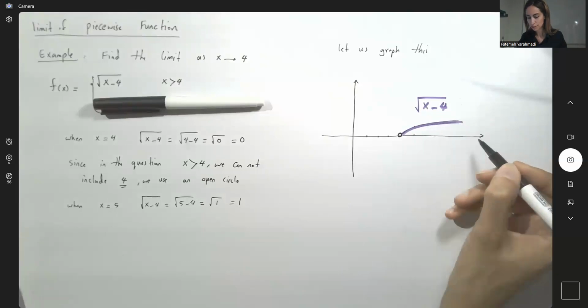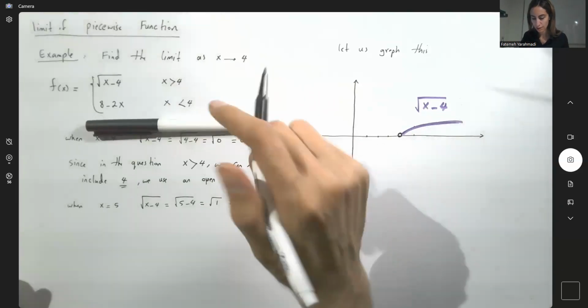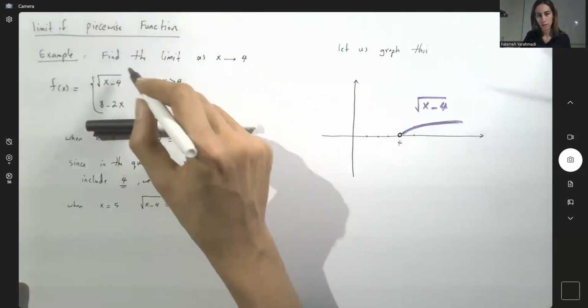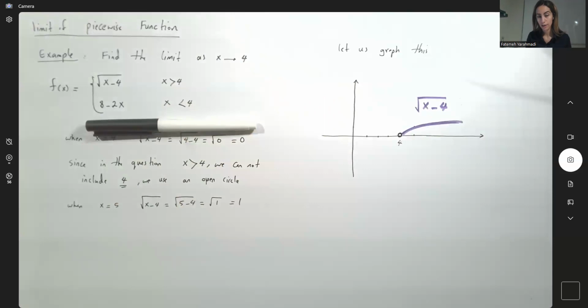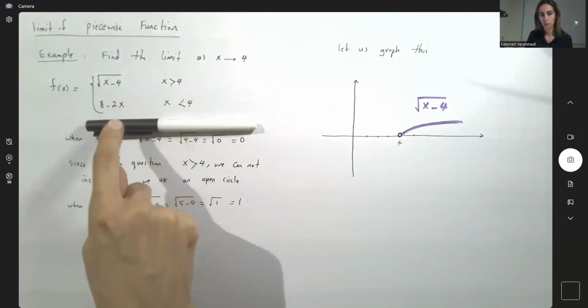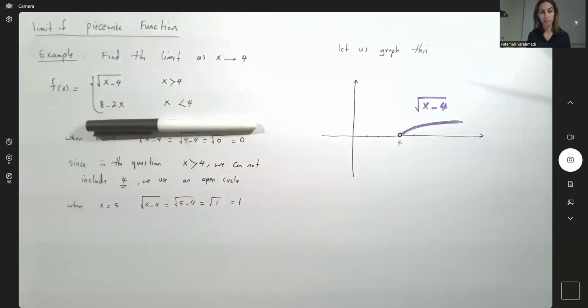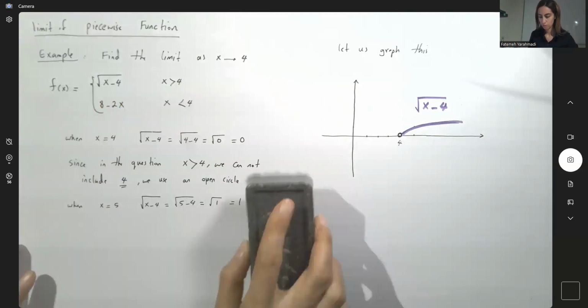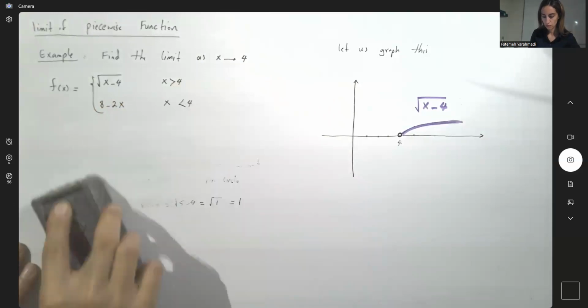The next piece is defined down here. It says, if x is more than 4, you have the square root function. If x is less than 4, I'm going to graph this linear function. Very good. So let us continue.